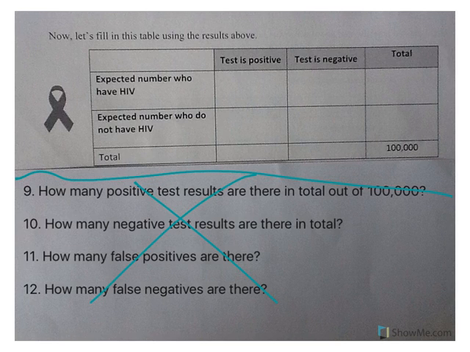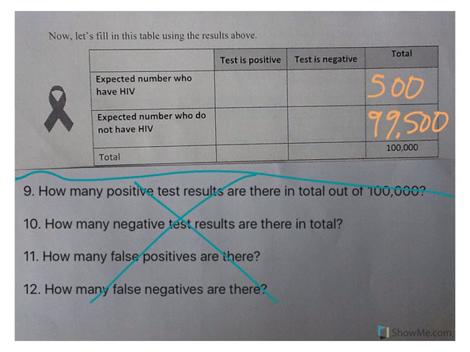But based off our numbers 3 through 8, we know that 500 people are expected to have HIV, which means 99,500 are not expected. You see those two numbers add up to 100,000. Okay, and we got that from numbers 3 and 6.